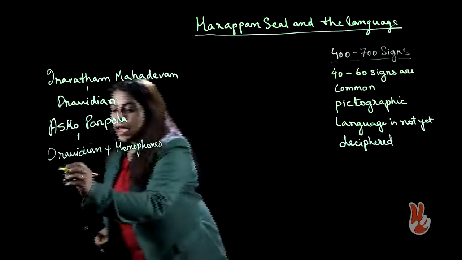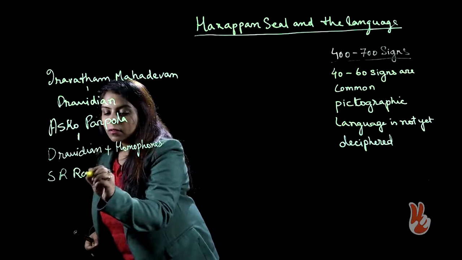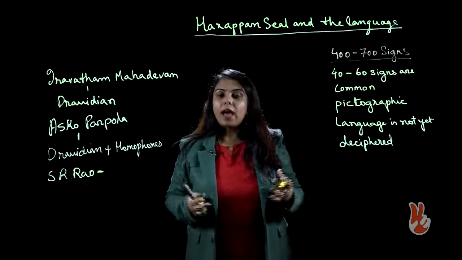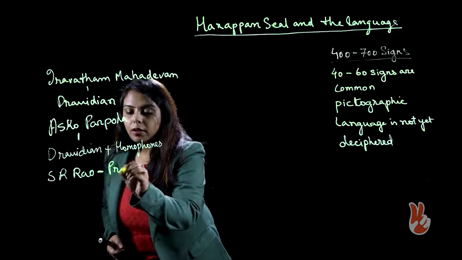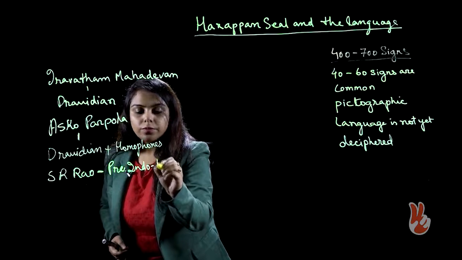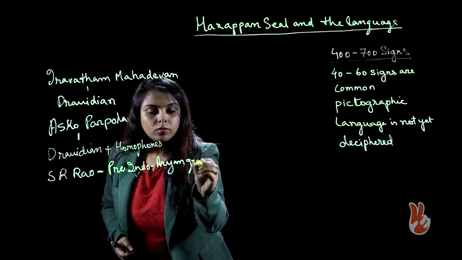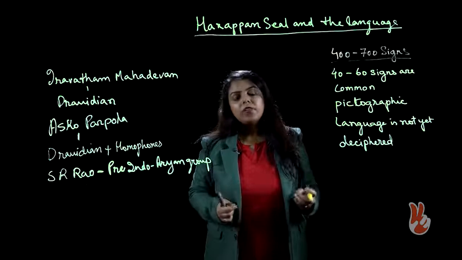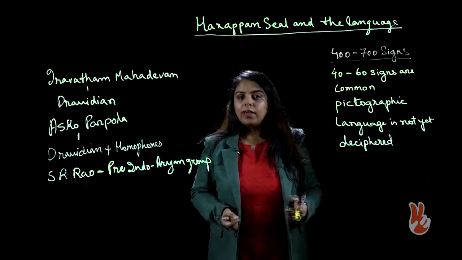Then S.R. Rao, another historian, came up with the idea that the language belonged to the pre-Indo-Aryan group. As such, he was suggesting that the language had some affinity with archaic Sanskrit or Germanic language.